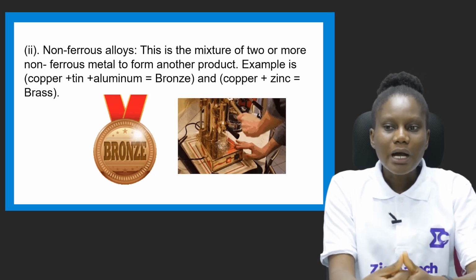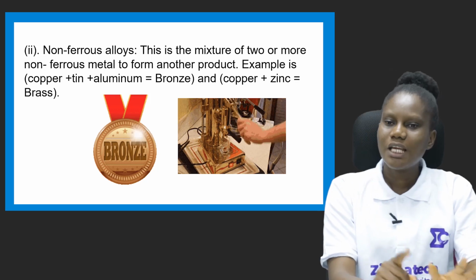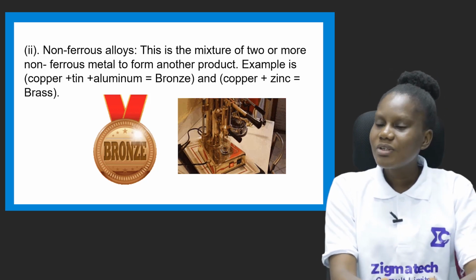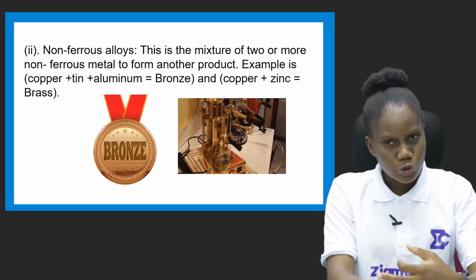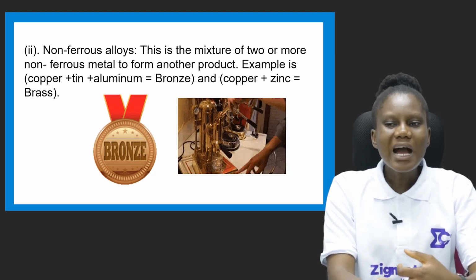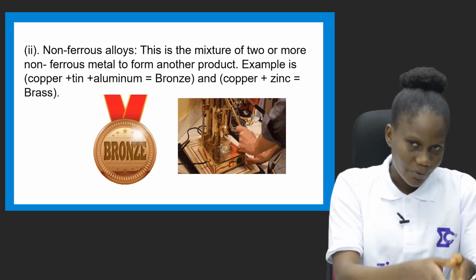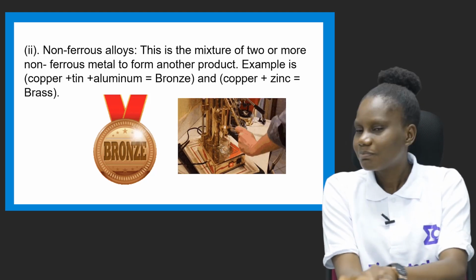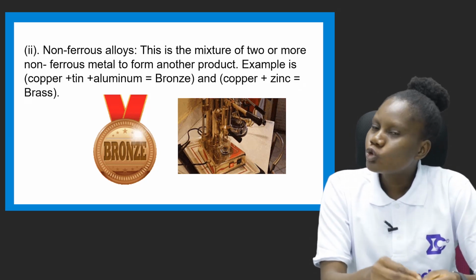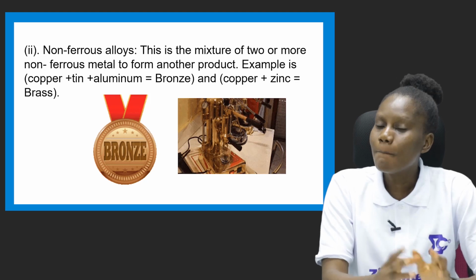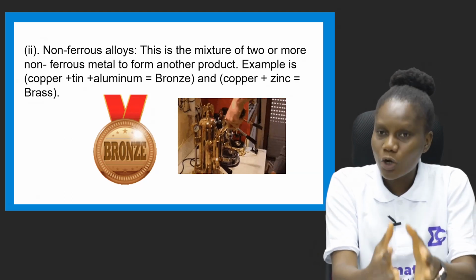So a quick recap, we have two types of metals: ferrous and non-ferrous metals. The difference is ferrous metals contain iron. Non-ferrous metals do not contain iron. Now we have alloys of metals, and under it we have the ferrous and non-ferrous alloys. Ferrous alloys are the mixture of two or more ferrous metals, that is, metals that contain iron.